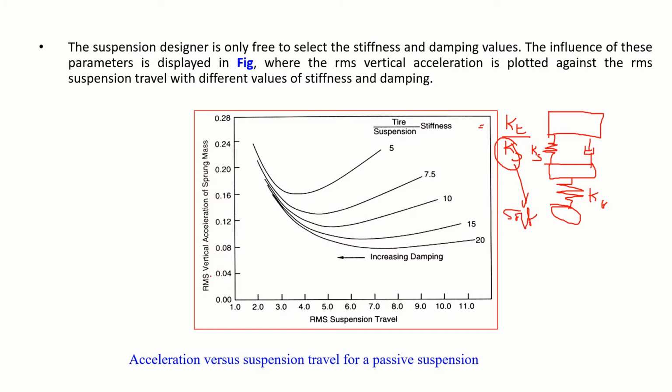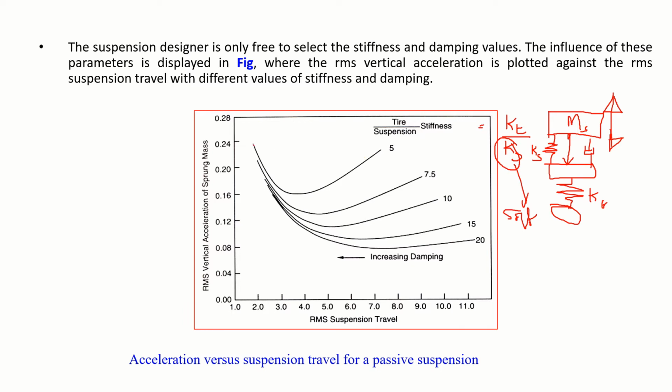Now here, RMS vertical acceleration of a sprung mass, these are the accelerations I am talking about, sprung mass vertical acceleration versus suspension travel. These are given for different values of tire stiffness by suspension stiffness.